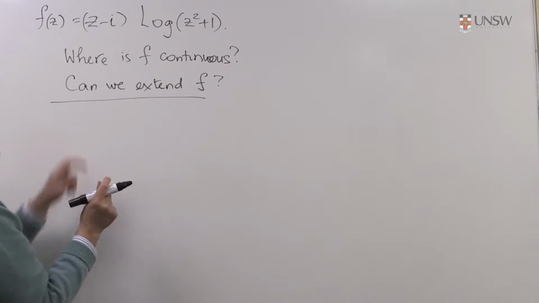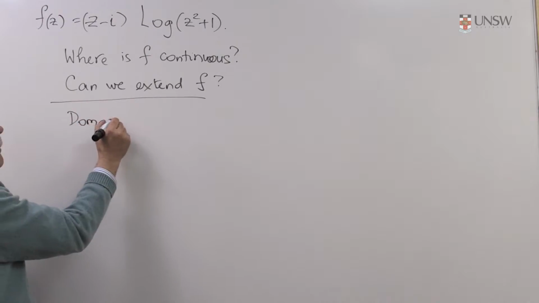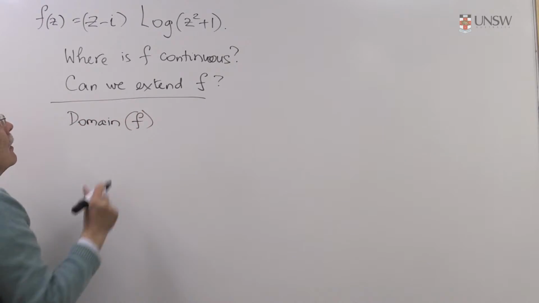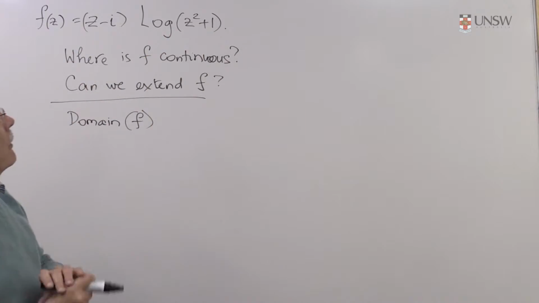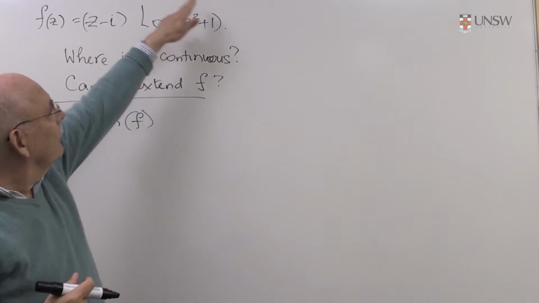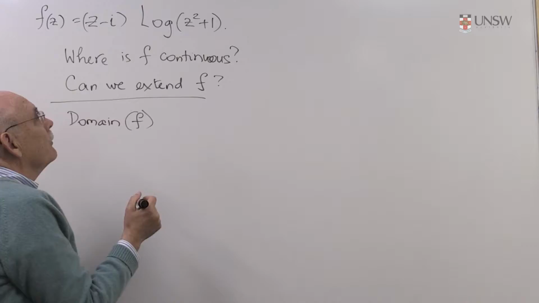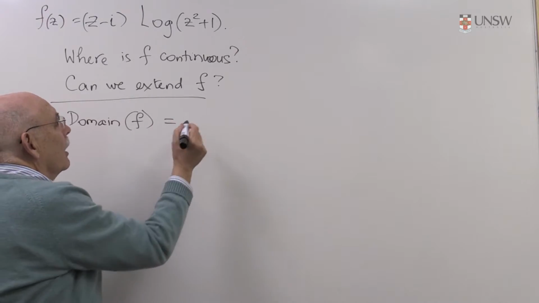So, let's start out. First of all, when is f defined? The domain of f. Well, z − i is always defined, but log is not defined when its argument is 0, so this expression is not defined when z² + 1 is equal to 0, or when z is equal to plus or minus i.